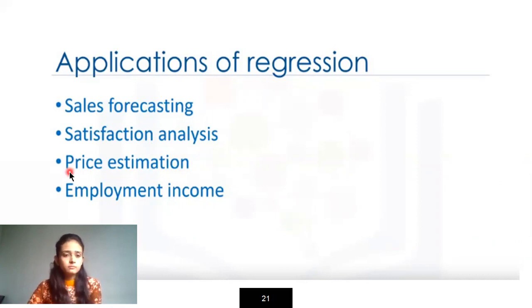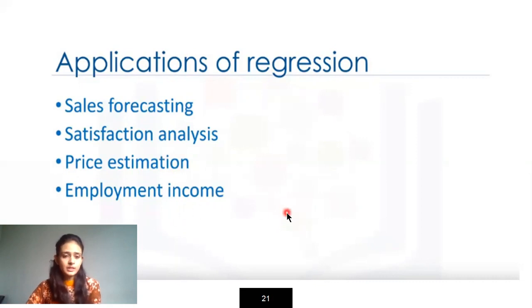Based on this, my data set will be prepared. If someone wants to sell their house, or someone is building a new house, then you can estimate the price of that newly constructed house based on the regression model.